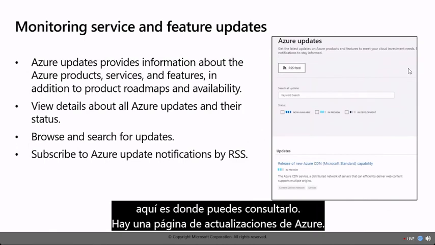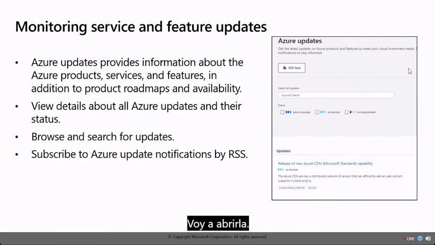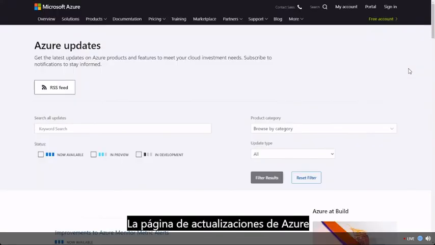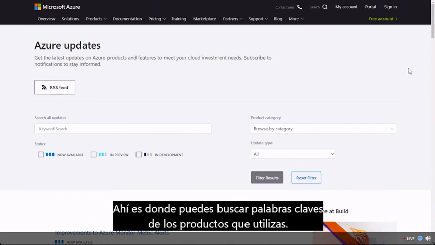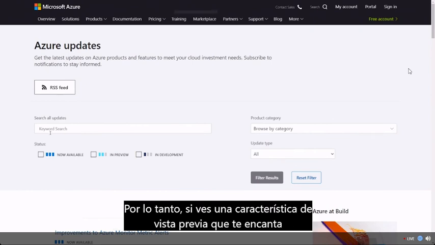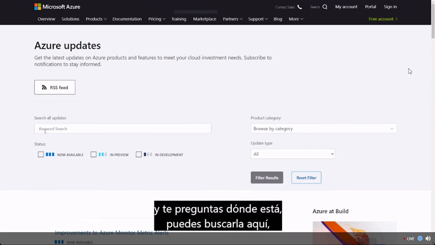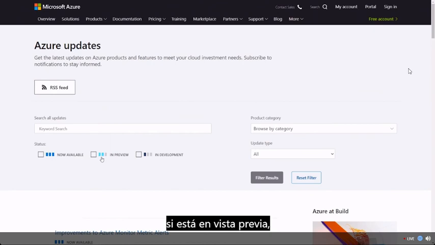If you're curious where you are on the status of the preview features, this is where you can actually check. There is an Azure Updates page, and let me actually pull that up for you. The Azure Updates page allows you to either subscribe to the RSS feed, and this is where you can search keywords of any products that you're using. So if you see a preview feature that you love and you're like, where is it? You can search for it here, and you can see whether it's now available, if it's in preview, or if they're currently working on it.